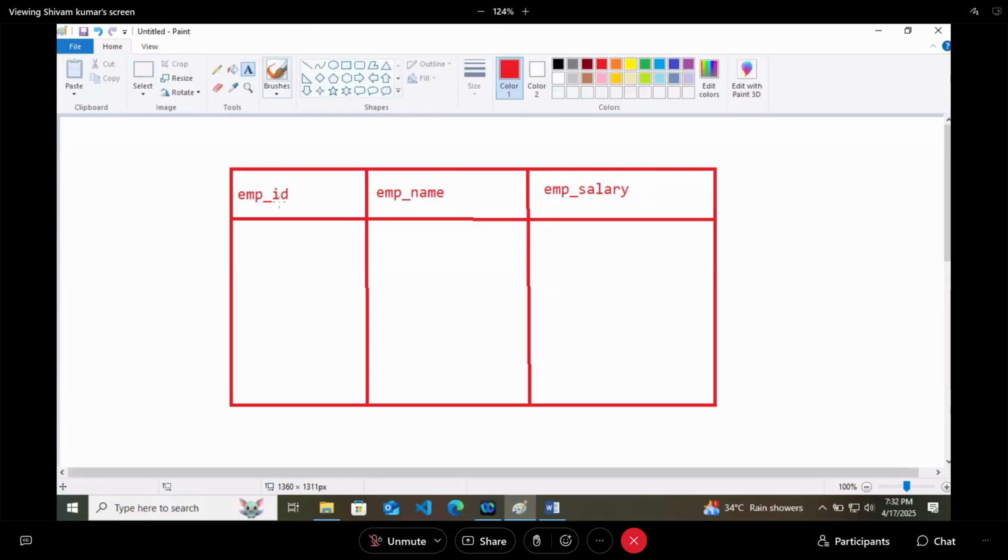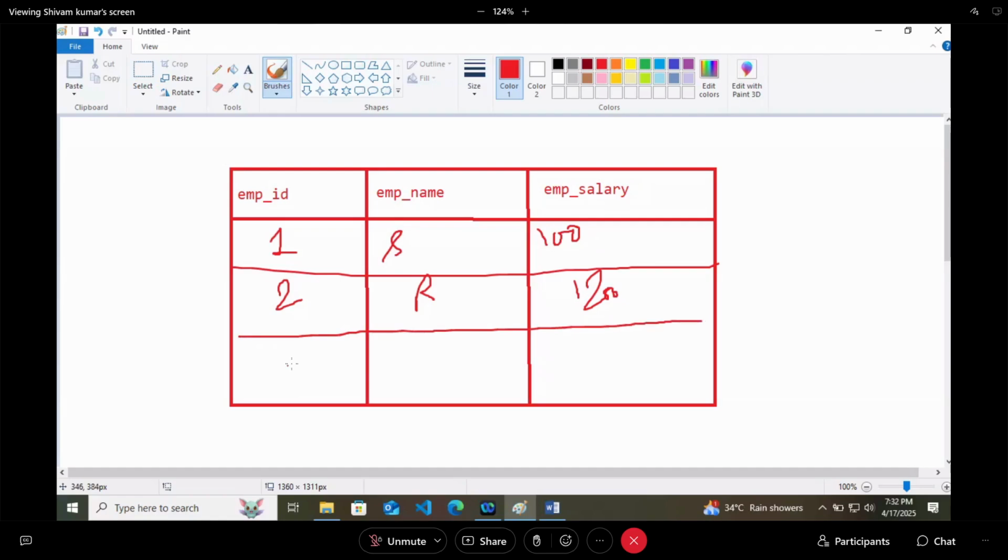Now how will the data be stored? Data will be stored in rows and columns, right? So like this, values will be stored. In relational databases, data is stored in tabular format. Which format? Tabular. Tabular means rows and columns.